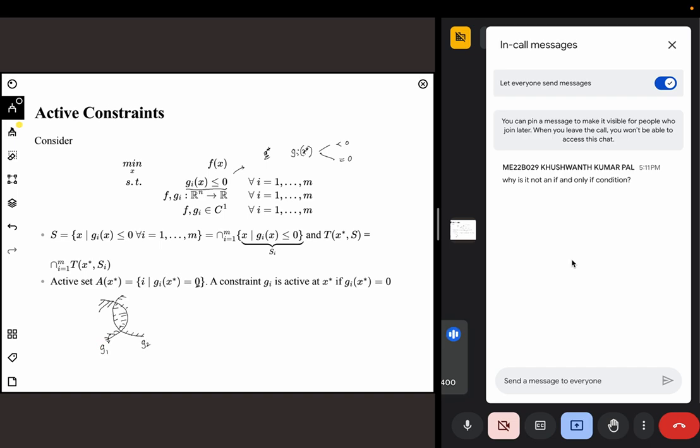If a particular point, let's say x star, is lying here, then this point is lying on g1, so g1 of x star will be equal to 0. And g2 is this particular curve, lying inside the feasible region, so g2 of x star will be strictly less than 0. So whenever it is equal to 0, that constraint will be included in my active constraints, and the other will not be included.